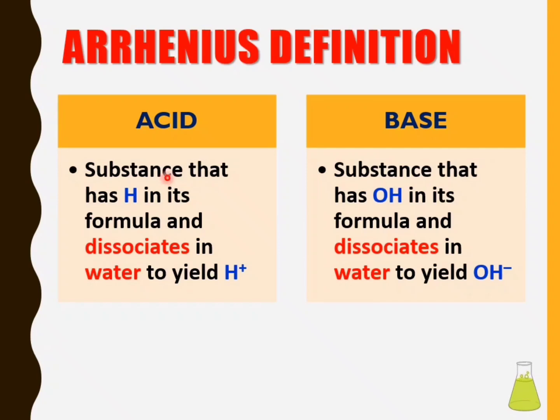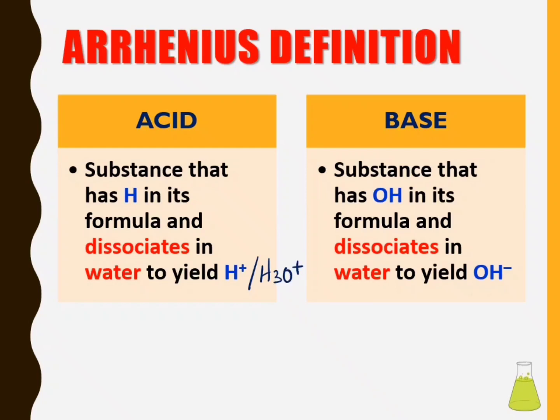Okay, the first one, acid. Based on Arrhenius, he said that acid is substance that has H in its formula and dissociate in water to yield H+. So dekat sini tak semestinya H+, boleh juga kalau H3O+.